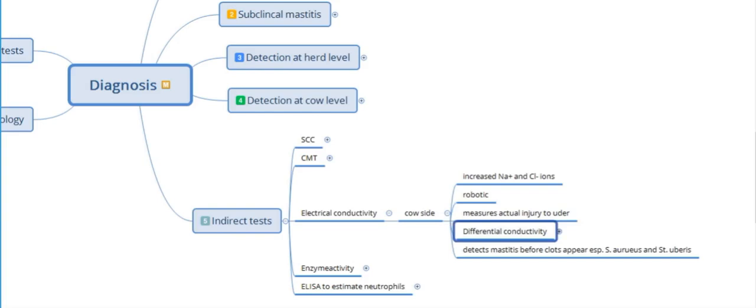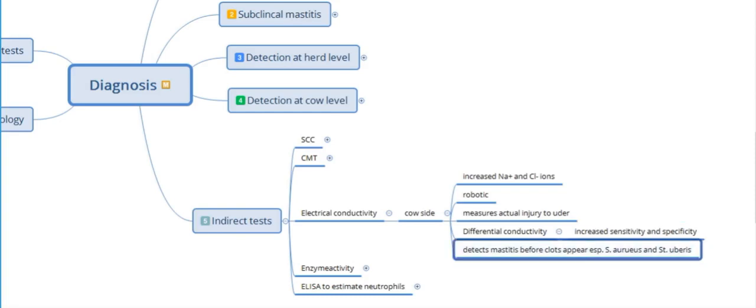Another thing is the differential conductivity. Differential conductivity means the difference between the highest and the lowest conductivity of the teats. If you get the conductivity of individual teats, you subtract the lowest conductivity value from the highest conductivity value, then you get what is known as differential conductivity, and that value is used for assessing the severity of inflammation of the udder.